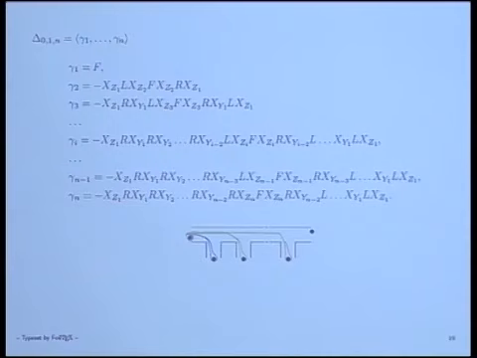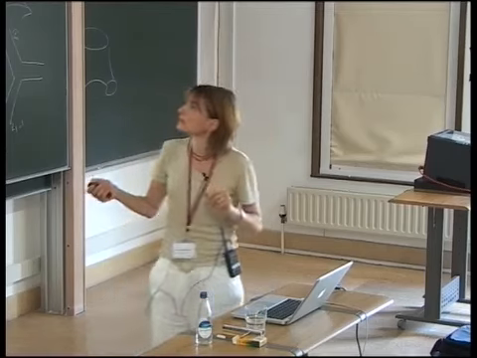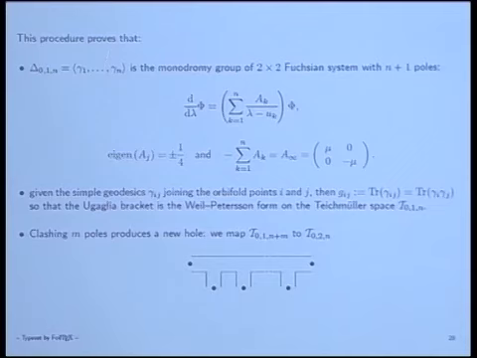In particular, you cannot see, but all of these matrices have F in the middle. On the right, I have a matrix, and on the left, I have its inverse. So they are all traceless. In this way, we can prove that, in fact, this is the monodromy group of a Fuchsian system of a very specific kind.